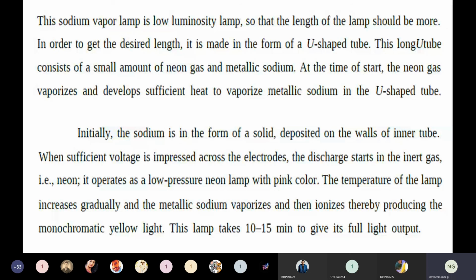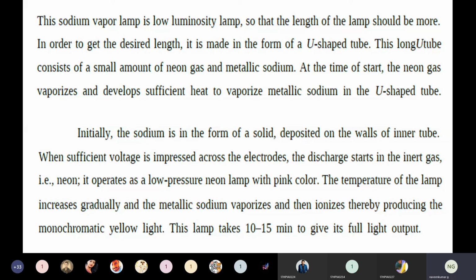Initially, sodium is in the form of a solid deposited on the walls of the inner tube. When sufficient voltage is impressed across the electrodes, discharge starts in the inert gas. So what happens? Discharge starts in neon. It operates as a low pressure neon lamp with a pink color.